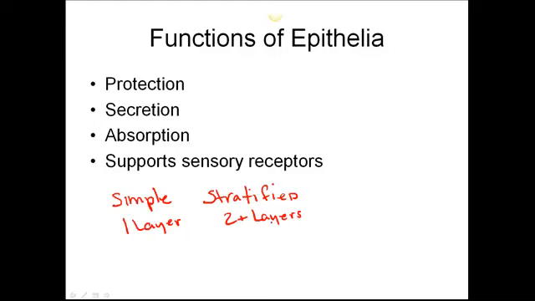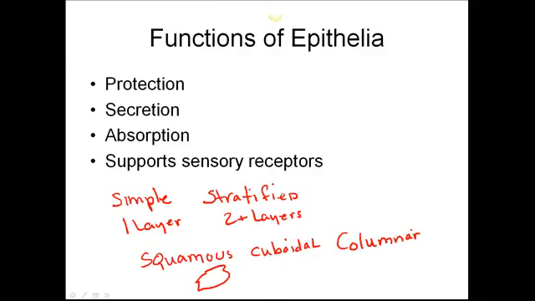And then the other classification is by shape, and that is squamous, which means flat, kind of like that. Cuboidal, like a cube. Or columnar, like a column. And I have lots of pictures for you.